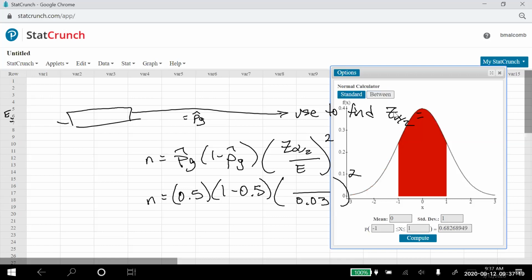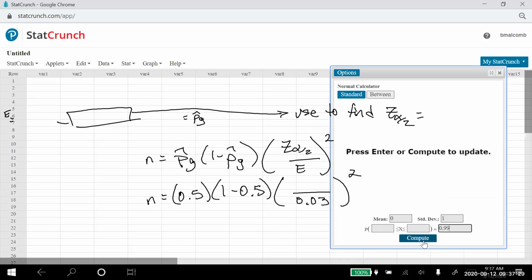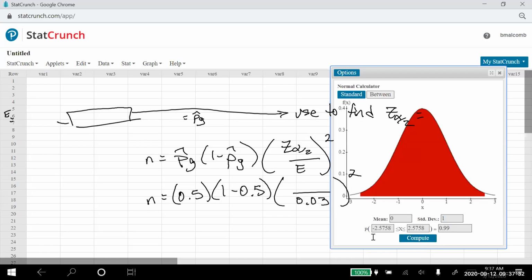So click on Between, to get this area in between to be 99%. So change this right here just to 0.99. Hit compute, and it's going to say, oh, it's between negative 2.5758 and positive 2.5758. Well, it's the side on the right that we want. We don't use the negative. It's not really going to matter because we square it anyway. The negative goes away. But in the table, it's rounded to 2 decimal places. So I will round this to 2 decimal places, and I'll just take the number 2.58.